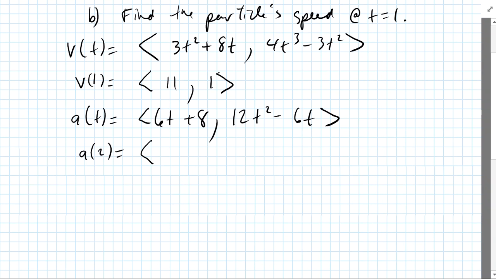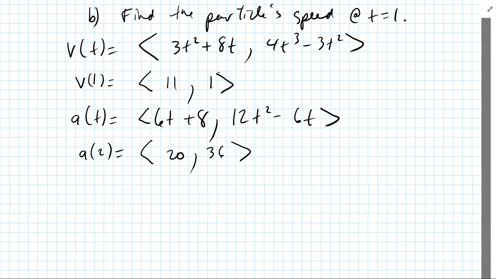So 2 times 6 is 12 plus 8 is 20. 2 squared is 4. 4 times 12 is 48. 48 minus 12 is 36. Easy.